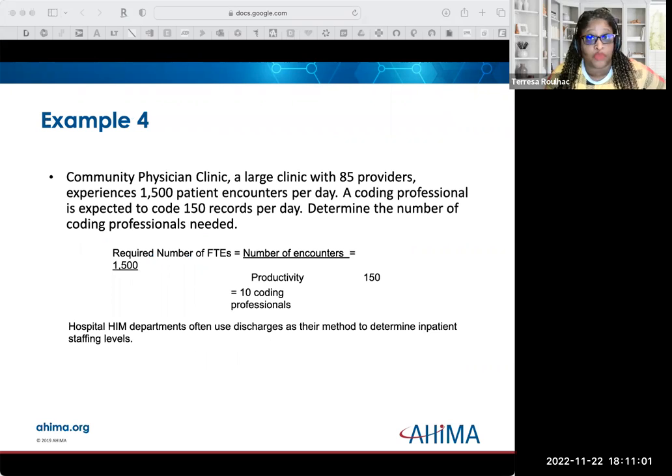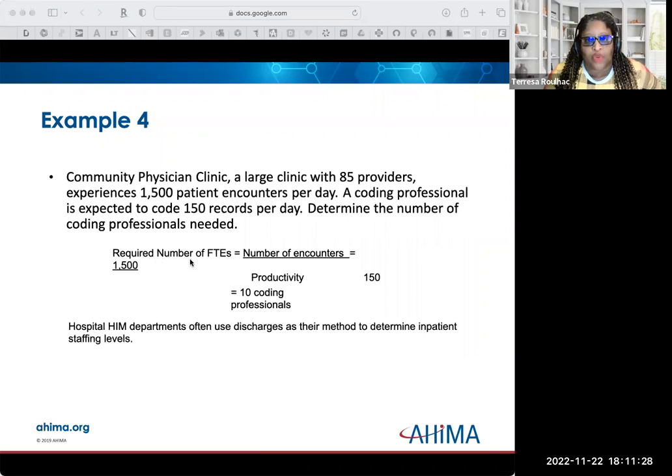So in example 4, you have a community physician clinic, a large clinic with 85 providers, that experiences 1,500 patient encounters per day. A coding professional is expected to code 150 records per day. What we're going to do is determine the number of coding professionals that are actually needed to complete the task.